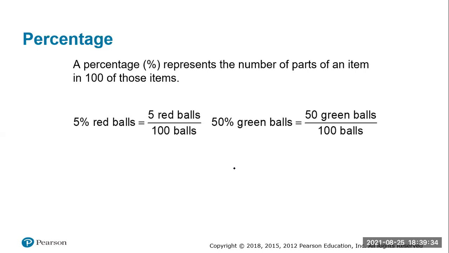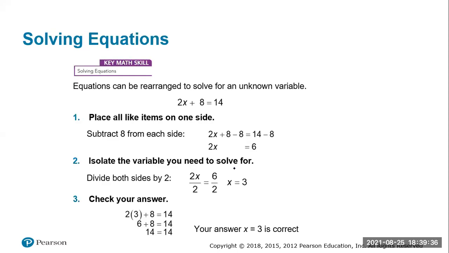Something that we do a lot is rearranging equations, and it's really important to be able to do that to solve for something specific. So in this basic algebra type problem here, we have 2x plus 8 is equal to 14. This is the unknown we're looking for.